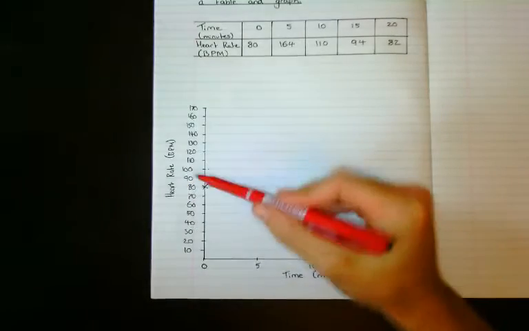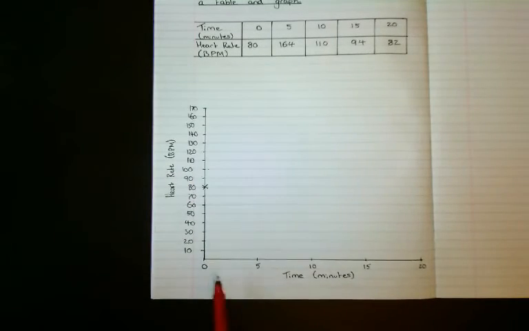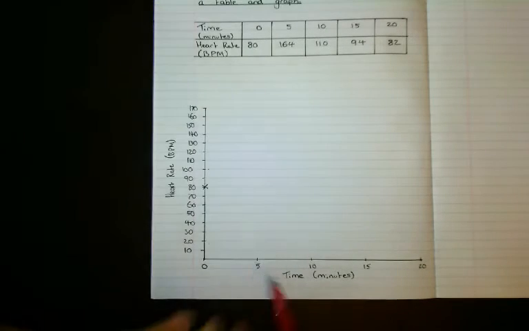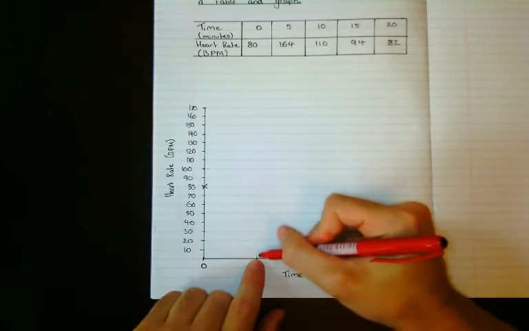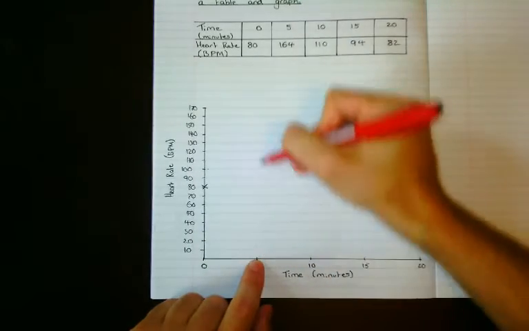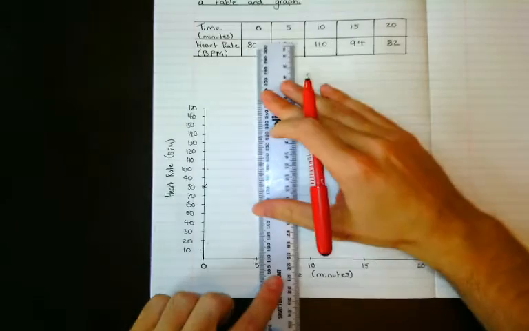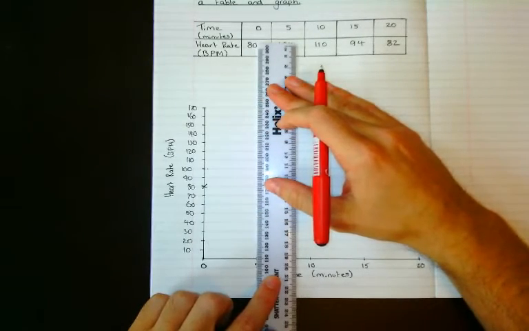Then we did 5 minutes of exercise, and I took my heart rate again at 5 minutes, and it was 164. So I'm going to go up to 160. I'm going to try and keep vertically above 5. I could even use my ruler to help me keep it straight.